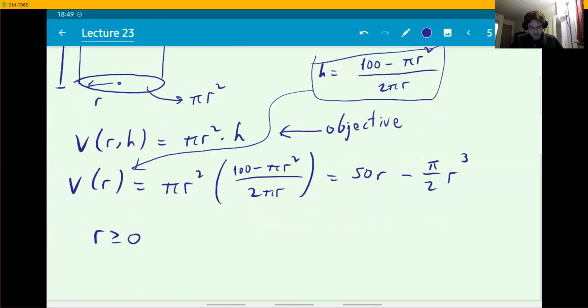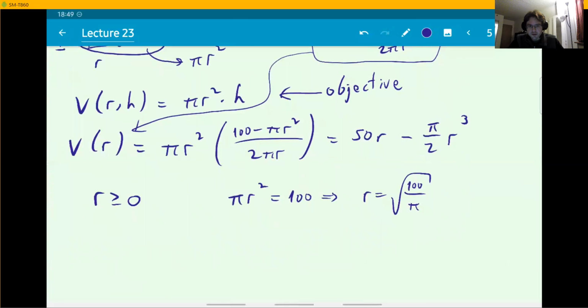You can imagine that the maximum possible is when all of that area belongs just to the base, which you solve as this. Square root of 100 over pi, if you want to solve it like that. So I'm going to erase these equal signs. I'm going to write them as inequalities. The base can be at most area 100.